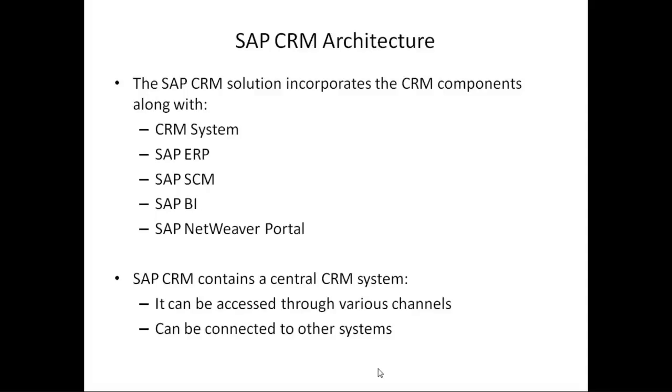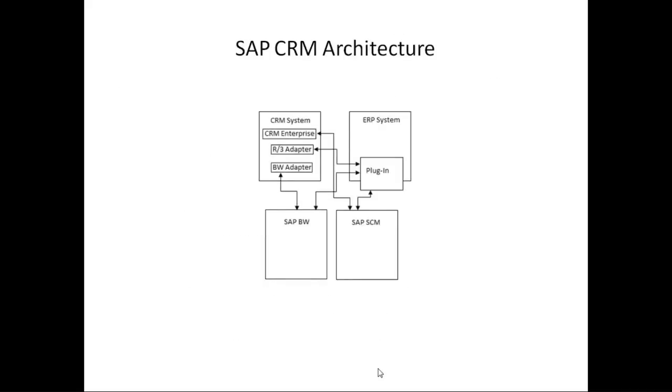So we'll see the pictorial representation of how the architecture is designed and how the central CRM server is connected with other systems, other CRM components. The architecture of CRM explains how the CRM system is integrated with SAP and non-SAP systems to perform the business function.